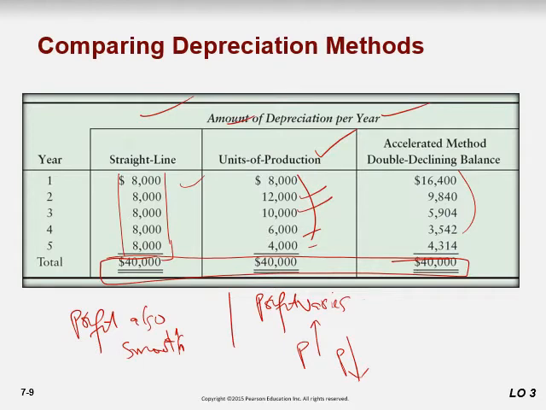So for example, the CEO came and now it's time for him to retire, then he would want to show the highest profit, saying that I left my company with the highest profit, right? And for example, he changed it to the unit of production method. In the first years, the profit is going to be lower. Why?